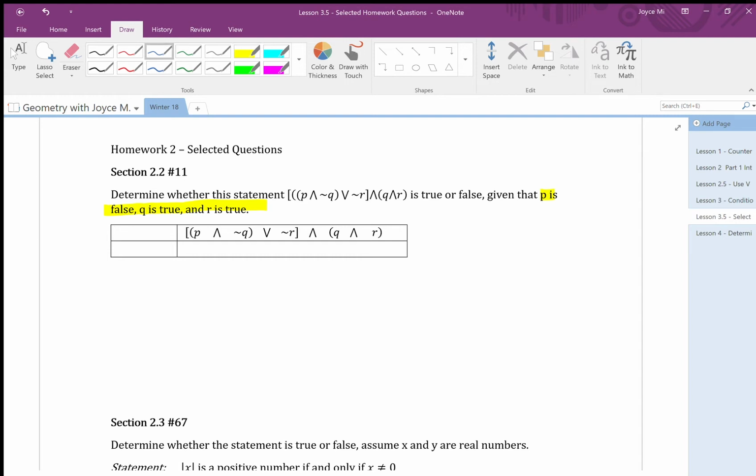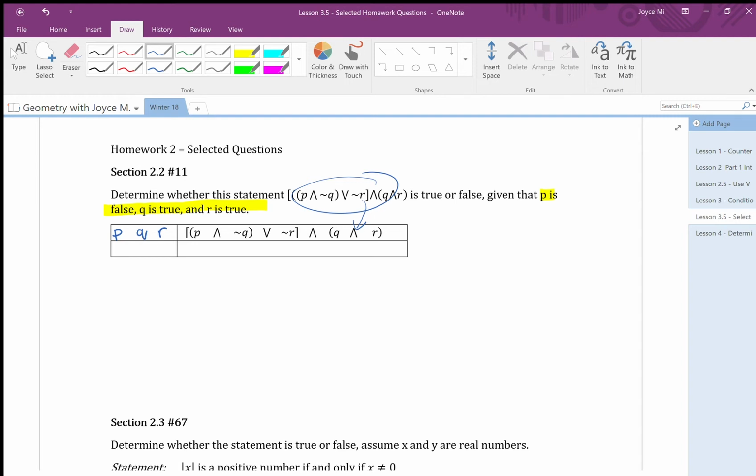I would set it up as P, Q, R on my first row here, and then on the right hand side over here, I basically directly copy down this statement, same thing. I just add space in between to construct this one row truth table. Now, recall from lesson 3, we said that to construct a truth table, we work inside out.